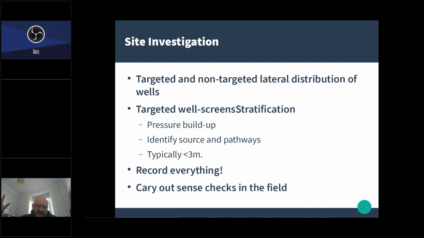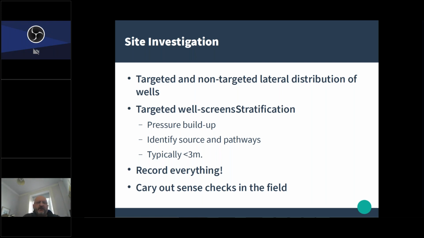Sometimes, in the past, a long well screen has been produced, and it's given you problems. It's not representative. You can get buildup of pressure in the headspace that doesn't really reflect what's going on in the ground. It doesn't help you to identify source pathways very easily.